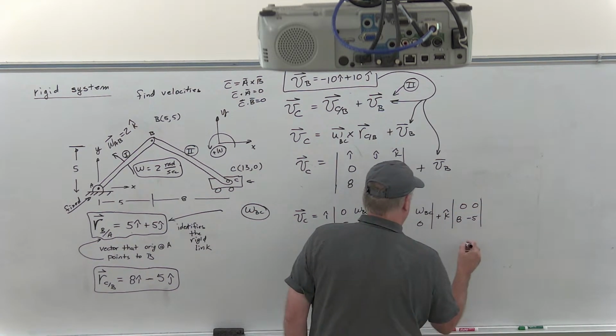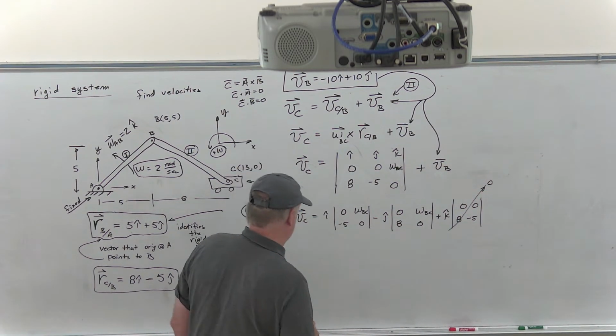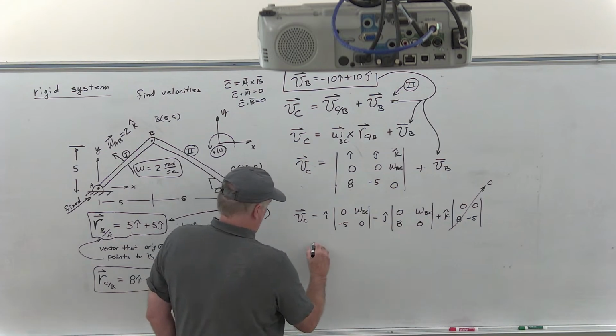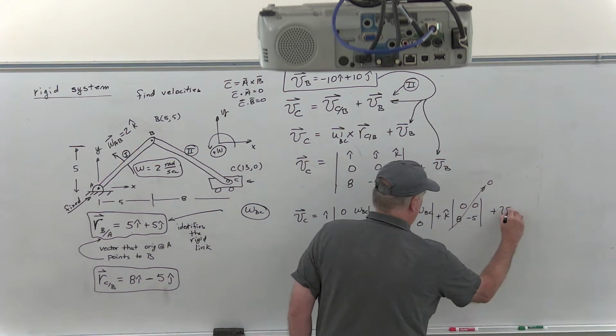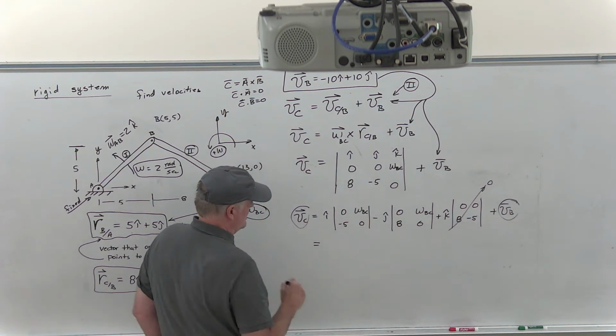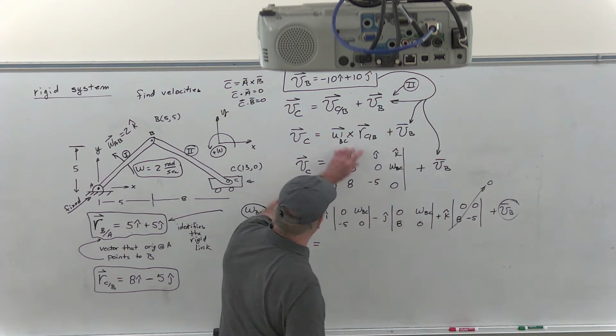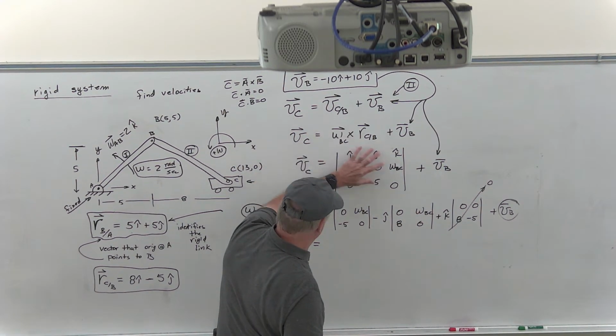There's no K component, so this determinant is going to be 0. So I'm focusing primarily here. I'm ignoring and carrying these terms right now. So I'm ignoring this and this for the moment. I'm just focusing in on this part, which is the velocity of C if you were sitting on B. I'm just focusing in on it.